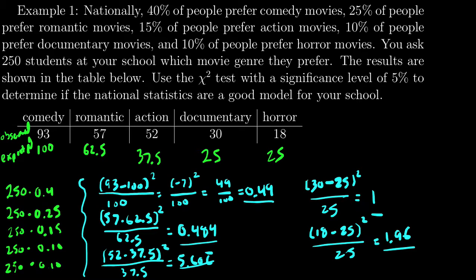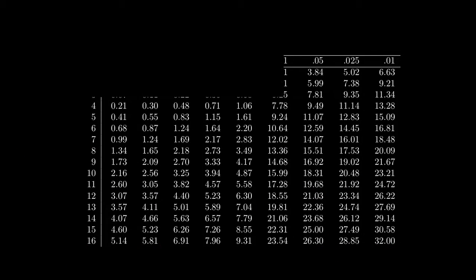So let me flip to some space on a new slide. So I add up all of these. I'm going to change colors. 0.49 plus 0.484 plus 5.606 repeating plus 1 plus 1.96.